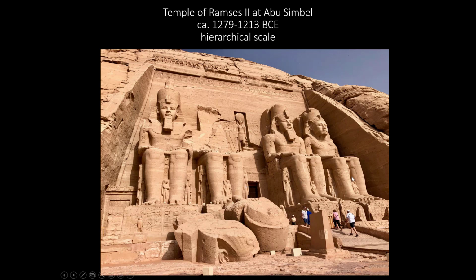They were polygamous in ancient Egypt. They had lots of wives. And you can see here that by having these wives smaller in size, it indicates that Ramses II is more powerful.